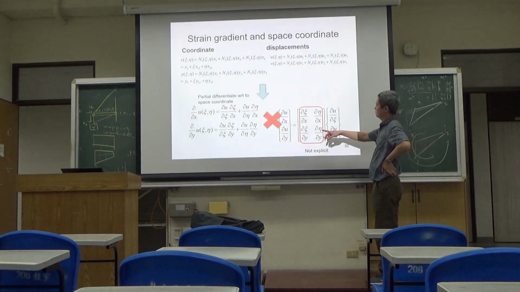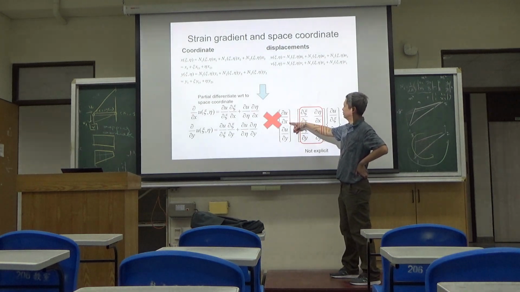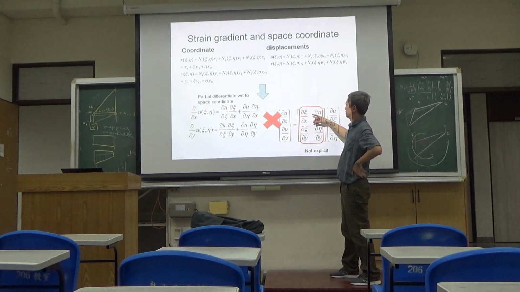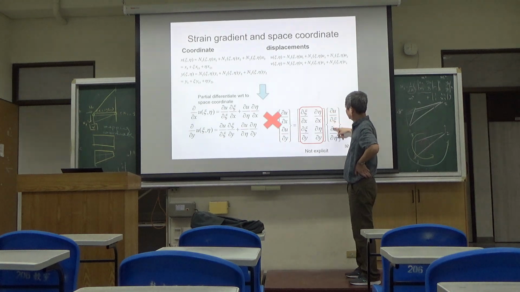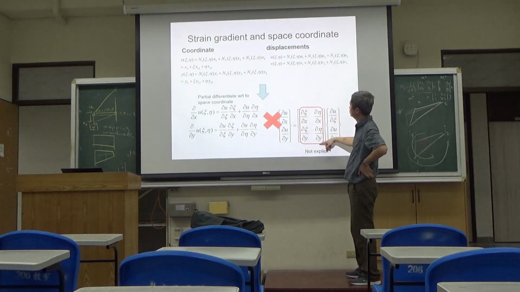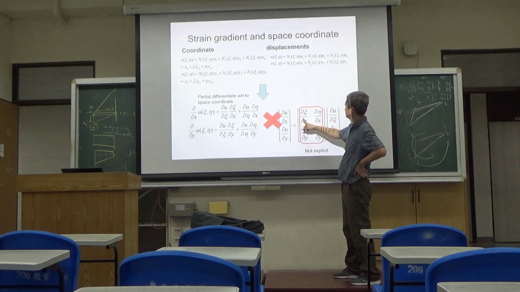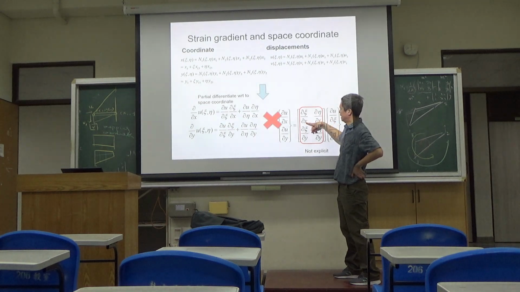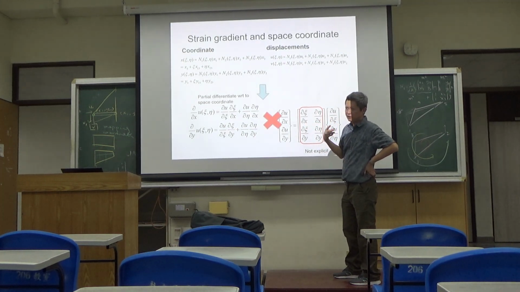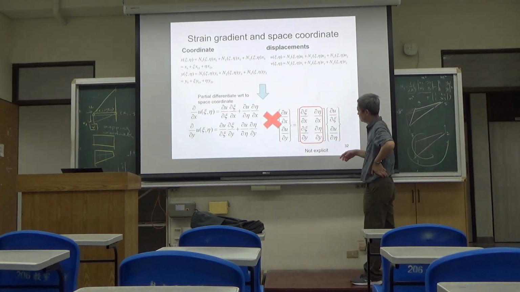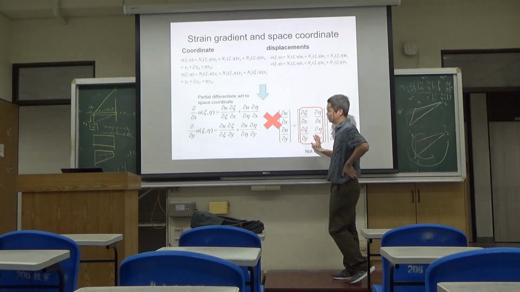But for this, you don't express this del u del x to be this expression. Why don't you do that? Because del eta del x is implicit, so that's no good.